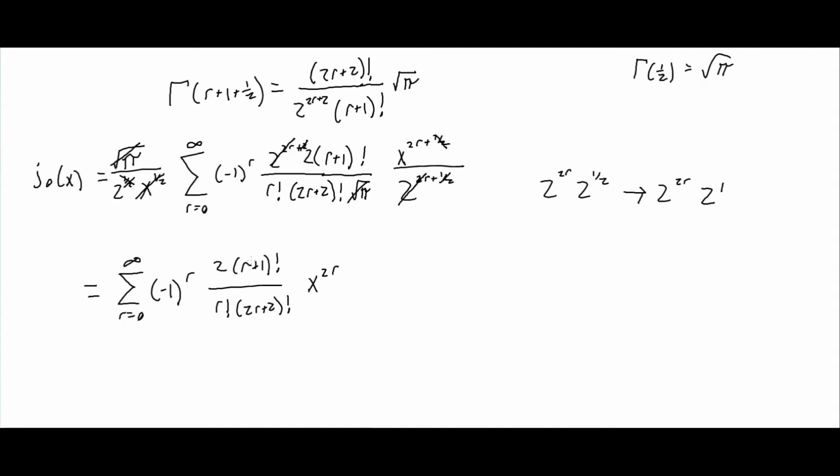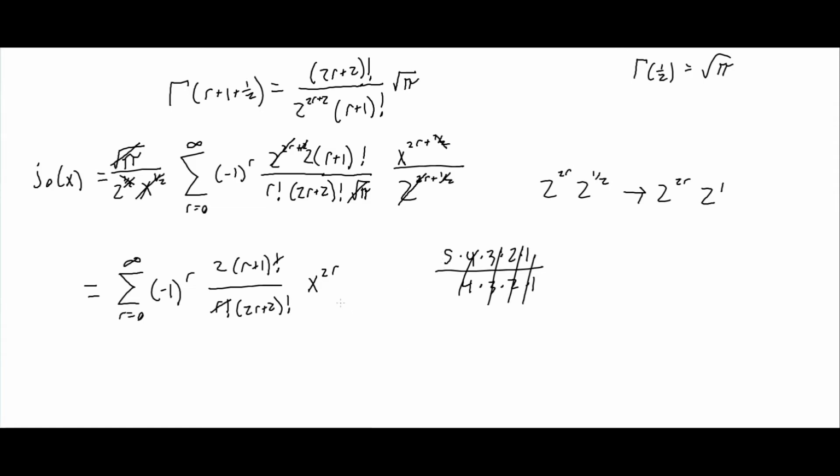If we have r plus 1 factorial over r factorial, that will cancel out the r and the factorial. It's essentially like having 5 times 4 times 3 times 2 times 1 divided by 4 times 3 times 2 times 1, where 4 would be our r and 5 our r plus 1. We cancel out all of these and end up with just the r plus 1.